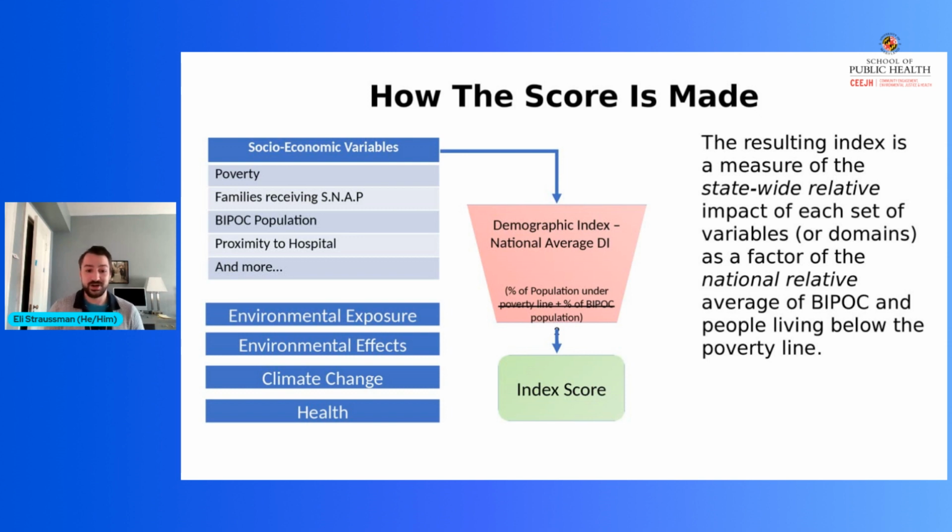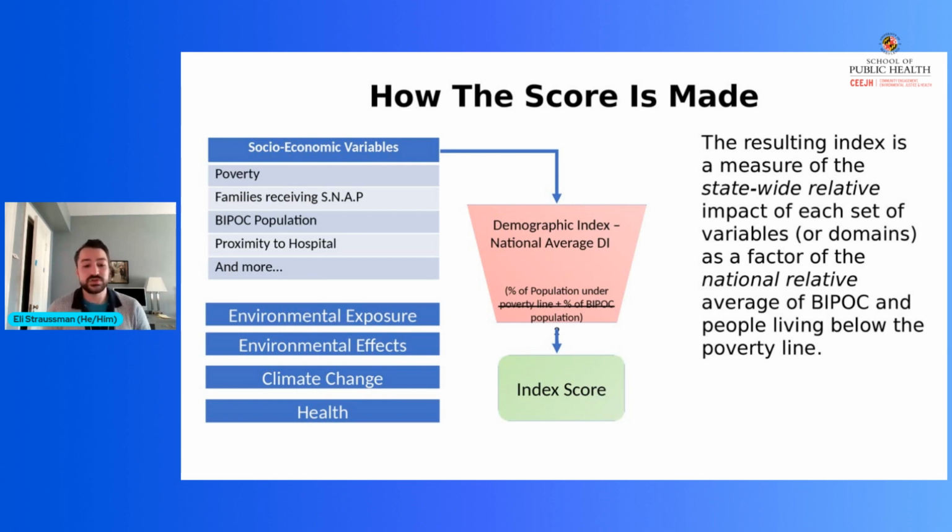Those buckets are socioeconomic, environmental, the effects of environmental effects, climate change, and health. Each of these bins has multiple sets of data points that contribute to the overall score.